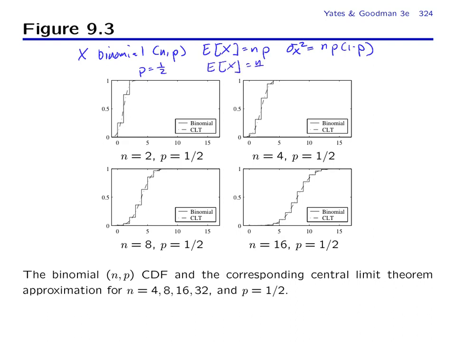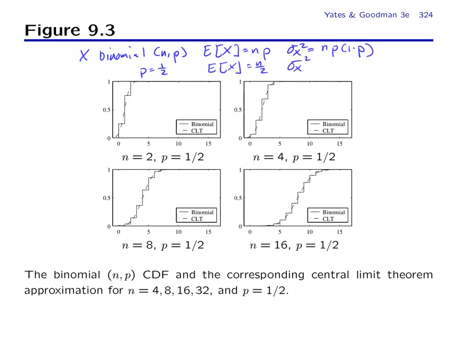So E of X is n over 2, and the variance of X is equal to n over 4. The comparison is of the binomial CDF F_X(x) versus the Gaussian CDF with expected value n over 2 and variance n over 4.